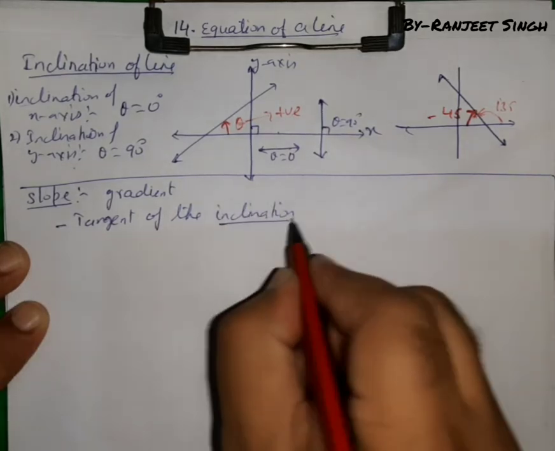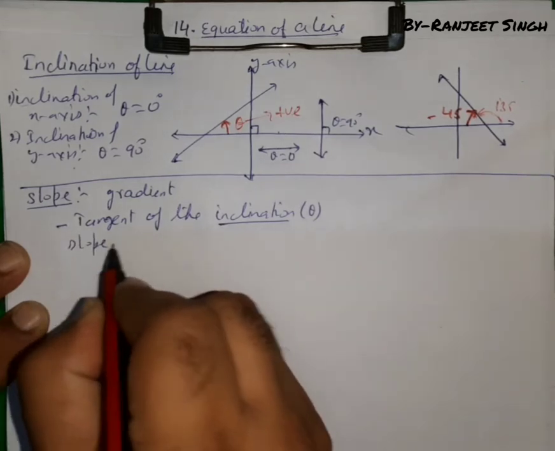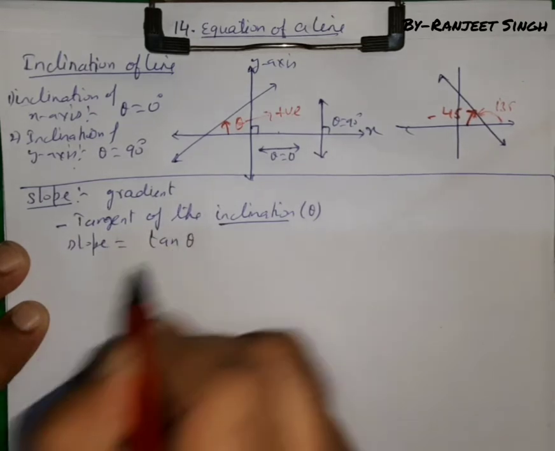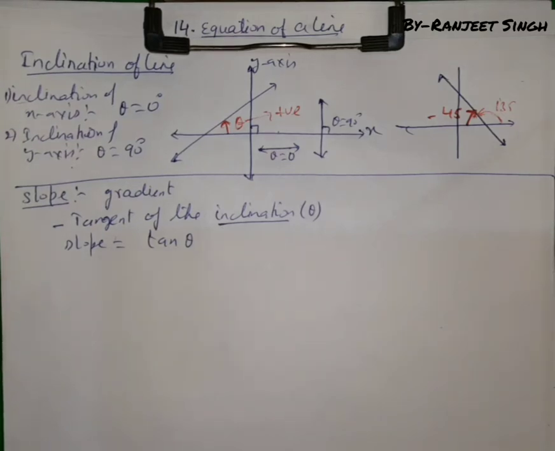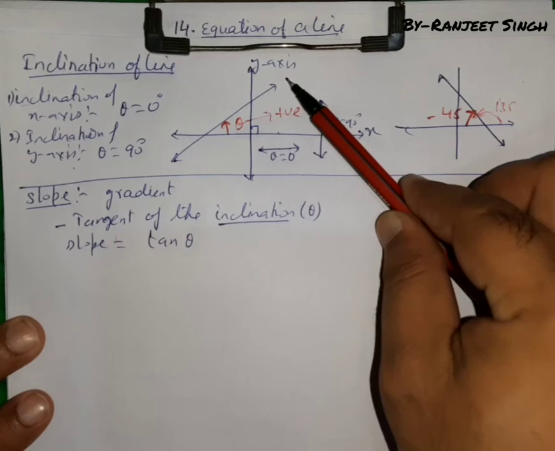So if inclination is represented by theta, then slope will be equal to tan of theta. And once again, if the inclination is positive, means angles are measured in anti-clockwise direction, then slope will be positive. So for this line the slope is positive.